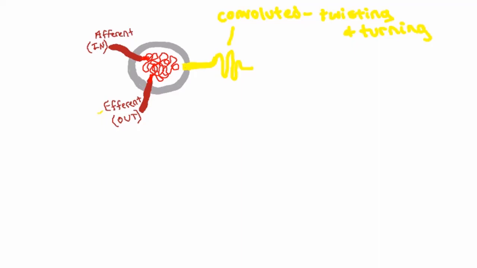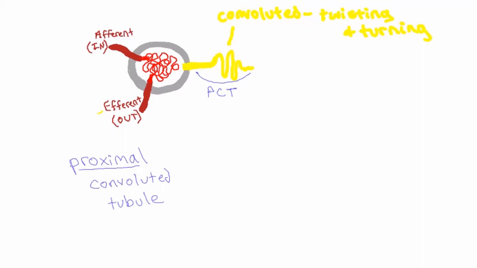So this is going to be called the proximal convoluted tubule. So this is going to be the PCT, and that's proximal. Proximal means closest, so closest to the Bowman's capsule. Proximal convoluted tubule, because it's a tube. And we just abbreviate it the PCT.